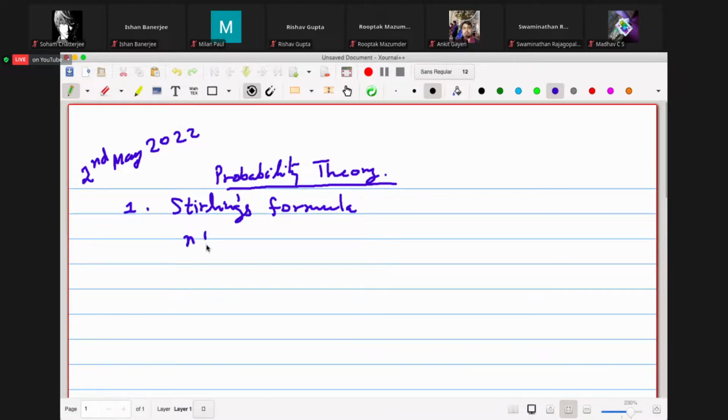The simplest one is this one: n factorial divided by n power n e power minus n square root 2 pi n goes to 1 as n goes to infinity. Okay.